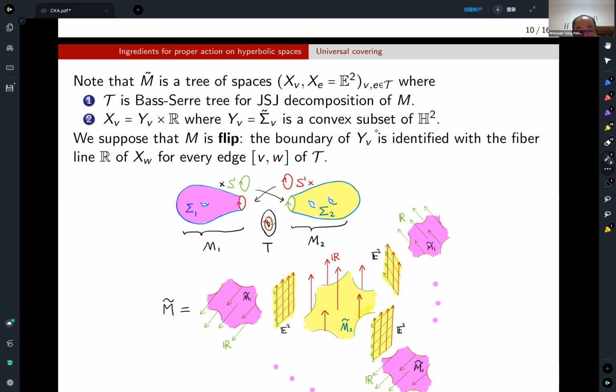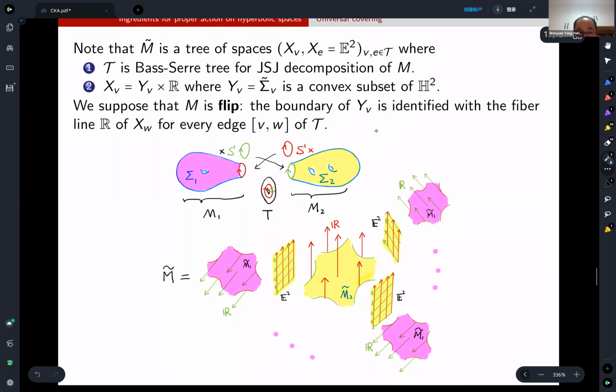Here, for instance, we consider this example. We have two separate Seifert manifolds. We glue them by this flip, where the fiber is identified with the boundary, as the picture shows. Now for the universal covering, I colored the universal cover of each vertex piece. We lift this manifold to here: R cross this convex subset.